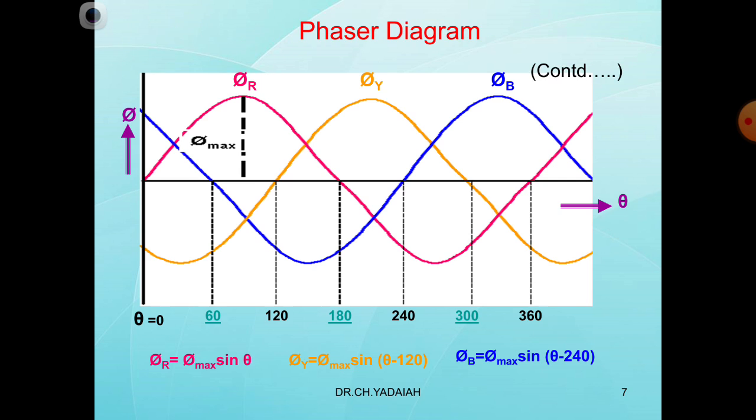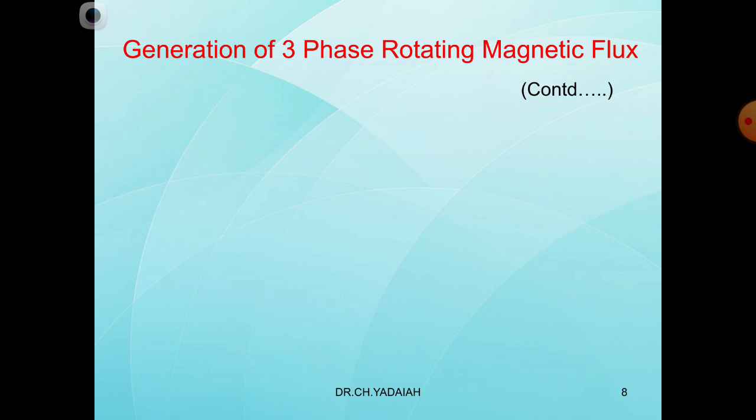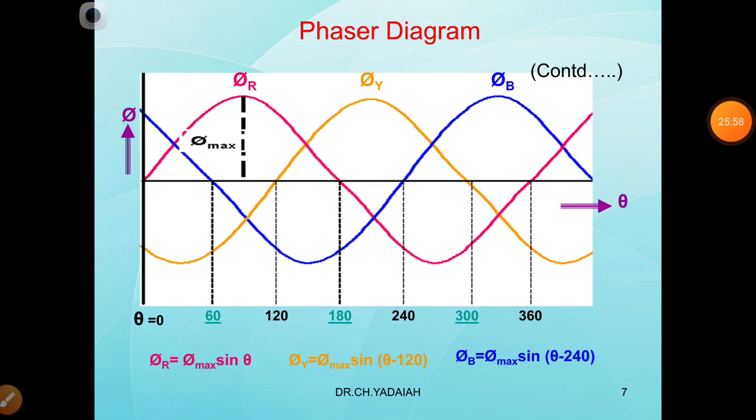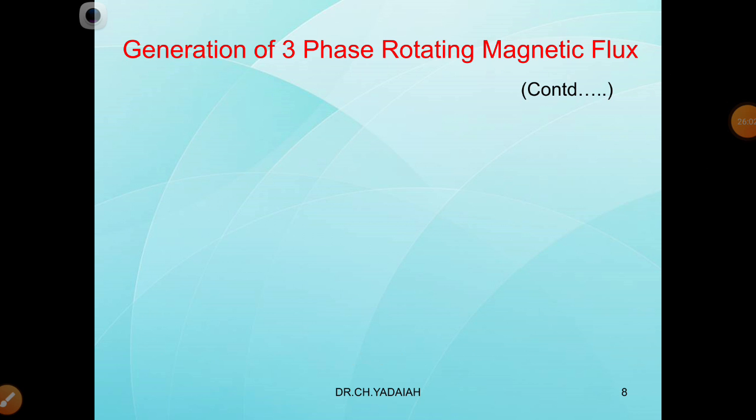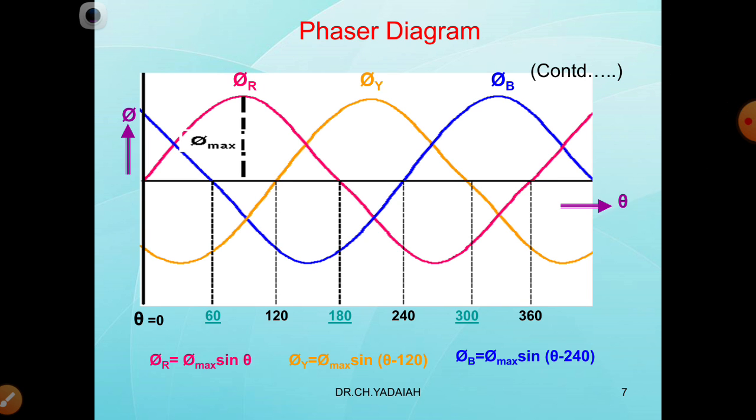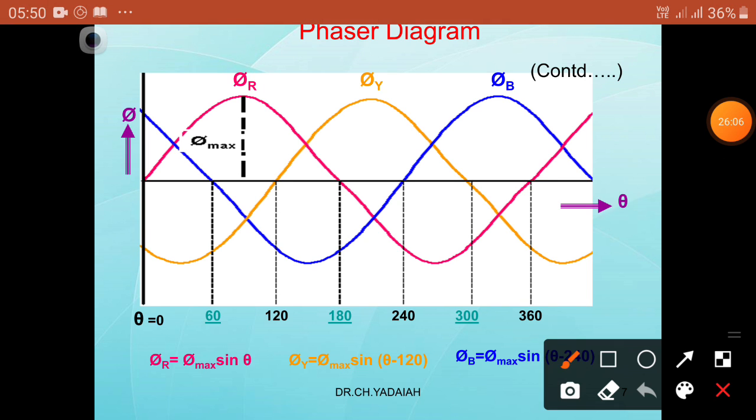So here you can see, based on this, the R phase is going in this direction, the Y phase in this direction, and the B phase in this direction.